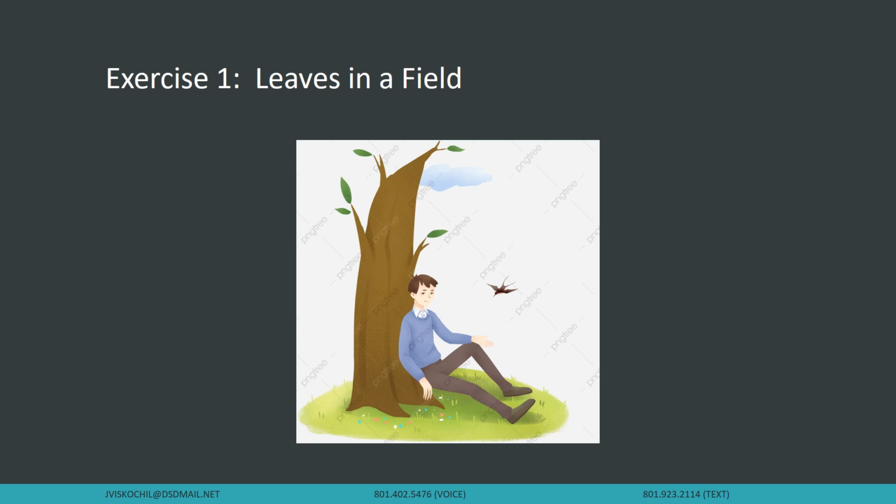It's a beautiful day, but there is a bit of a breeze. And the longer you sit, the more you see leaves falling from the tree. Every time the wind blows, it shakes a few leaves off. Each one of those leaves is one of your automatic thoughts. And depending on what kind of color it is or how big it is, maybe it's a different kind of thought.